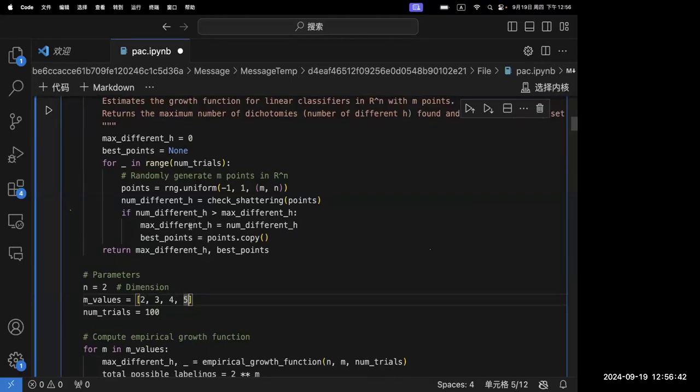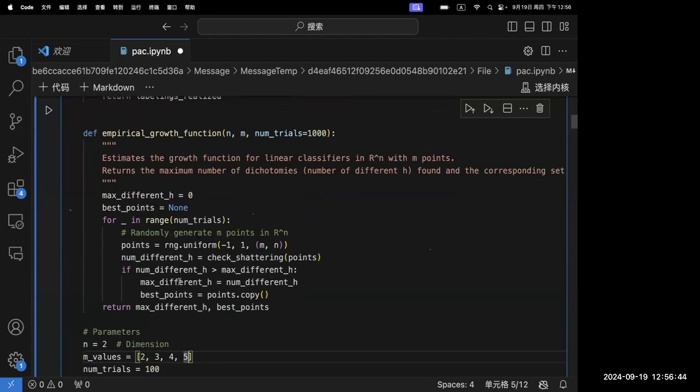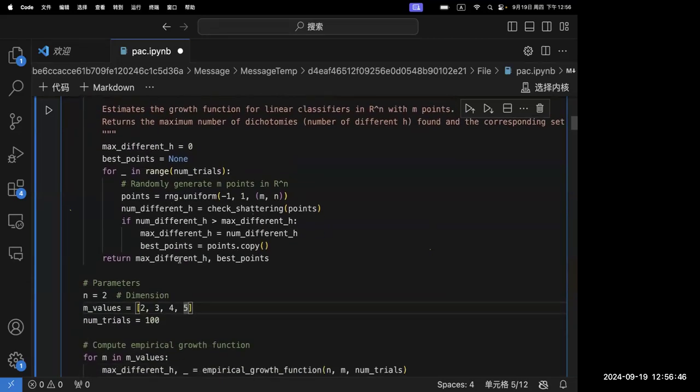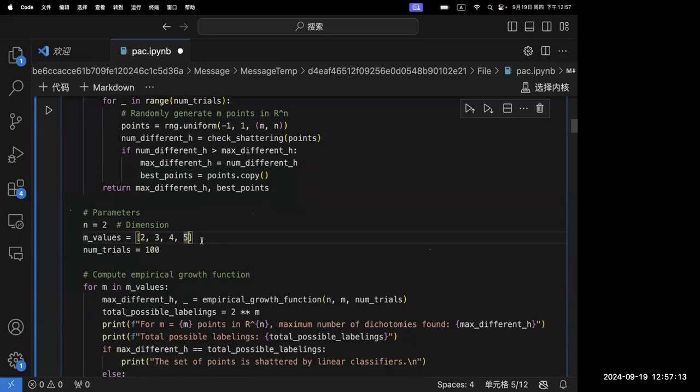If we know the growth function, we can directly calculate the total possible number of ways to make unique classifications, and then directly determine whether this set of points is shattered by the hypothesis class. That doesn't sound too hard. We can give a try.